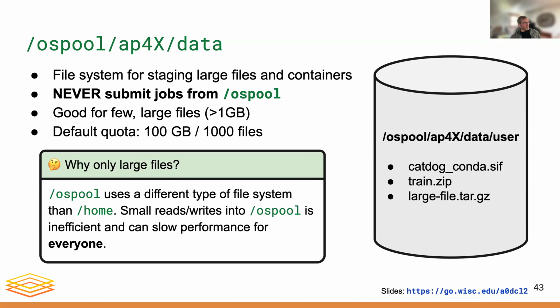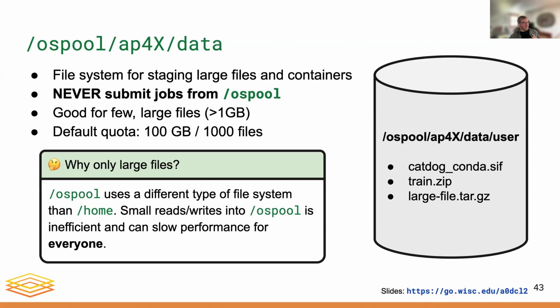So many small files should be living in the home directory. The OSPool directory is what we call the staging space. This is a file system used for much larger files. This is where your Apptainer image goes. This is where big datasets will go. It is very bad at small files, so do not store large numbers of small files here. It's for a small number of large files, not a large number of small files.